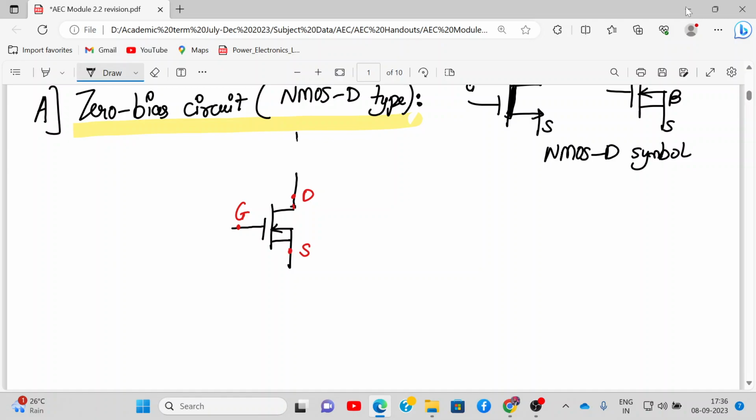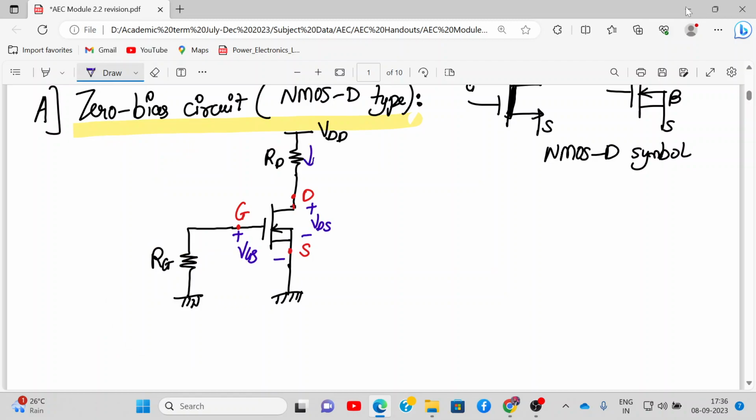Your drain terminal will be connected via a resistor RD to VDD, where the resistor value is the drain resistance RD. Your gate terminal will have one resistor RG, whose value might be very high, going to ground. That's it, this is my circuit. In this circuit, please mark VGS, VDS, and also ID.